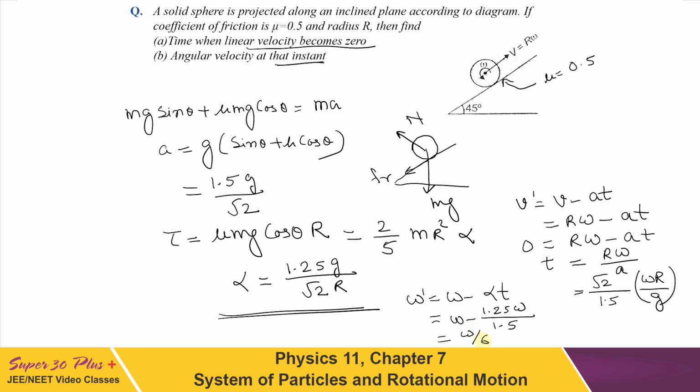So this is the angular velocity at the instant when linear velocity has become 0. With this, we solved both parts of the question.